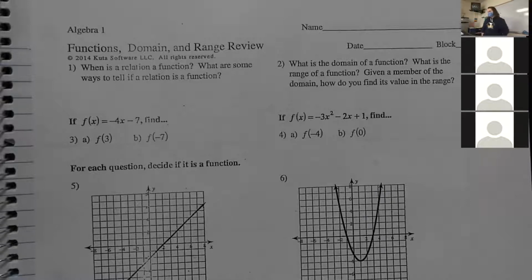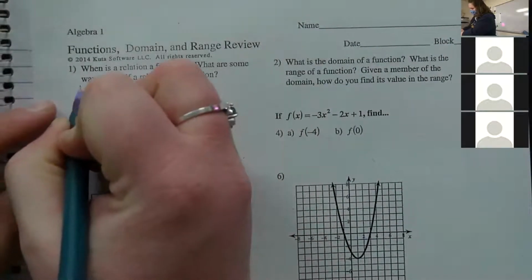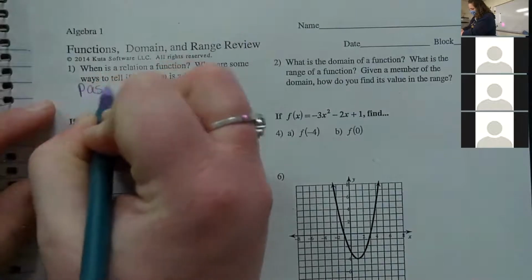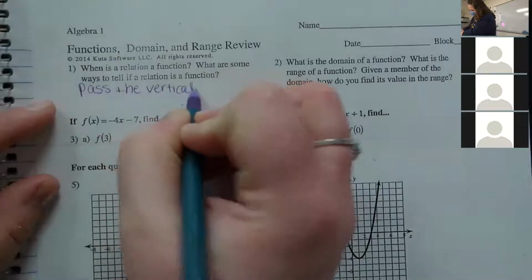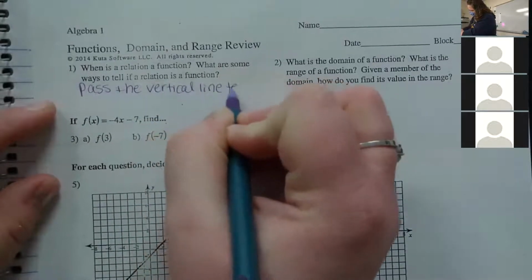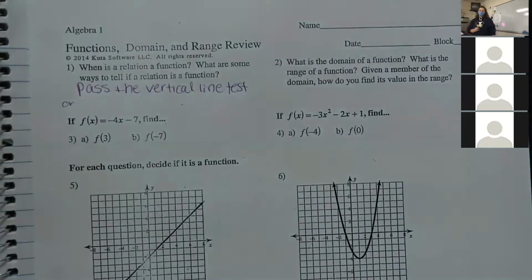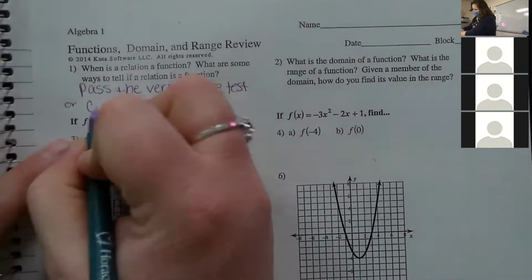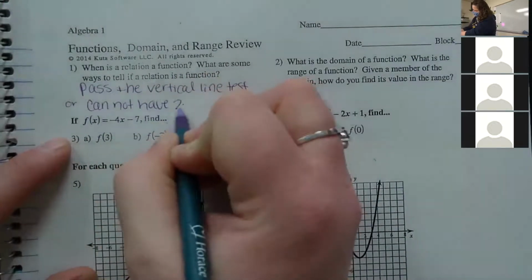It says, when is a relation a function? What are some ways to tell if it's a function? Those are the two main things that we talked about from a function. It has to pass the vertical line test. That's one way, if we have a graph. Or we cannot have two of the same X's.